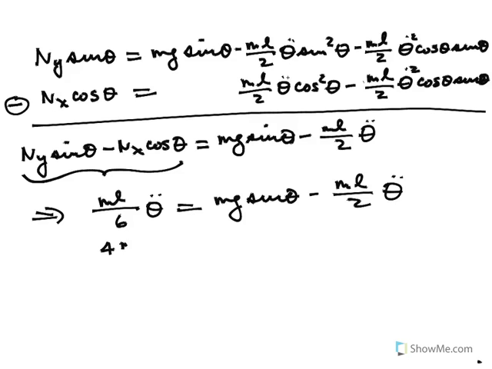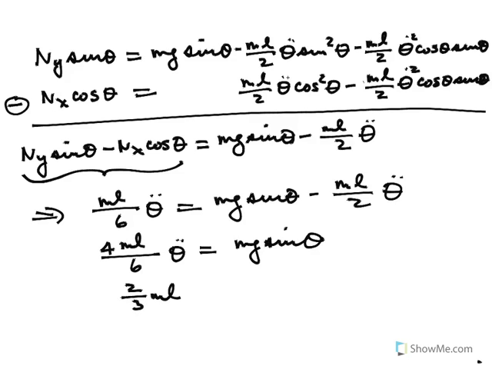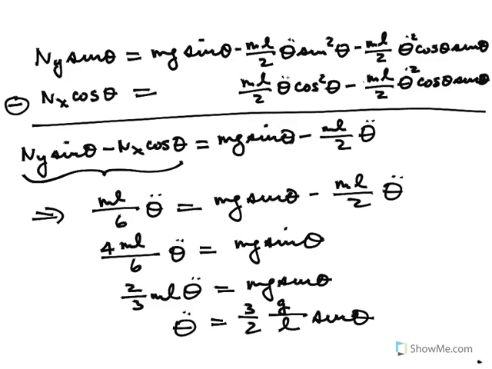So you get 4 ml over 6 theta double dot is equal to mg times the sine of theta. If you then reduce it, you get 2/3 ml theta double dot is equal to mg sine theta, which also gives you theta double dot is equal to 3/2 g over L times the sine of theta. And that's the differential equation of motion.